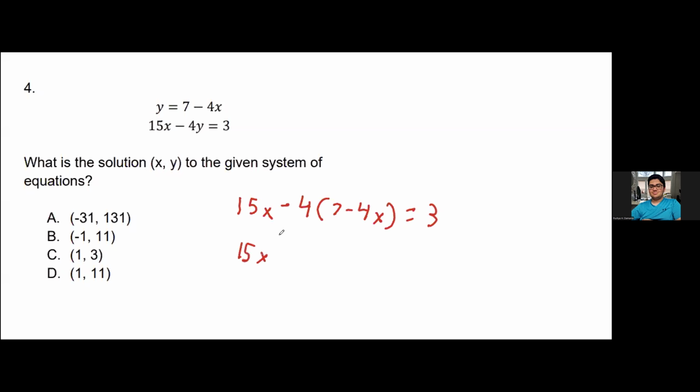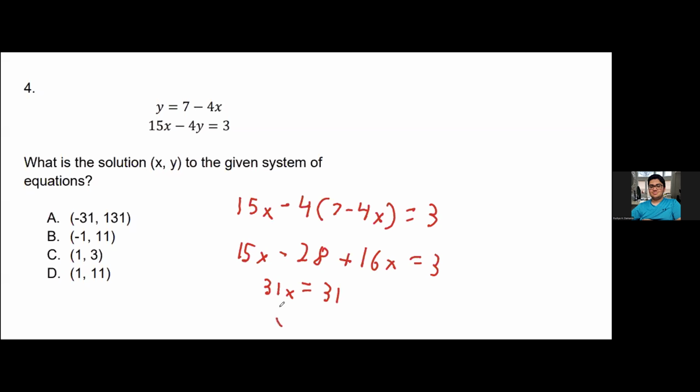So 15x minus 28. And then this minus sign distributes as well. So that's plus 16x equals 3. And then 15x plus 16x is equal to 31x minus 28. So plus 28 on both sides, which gets you 31x equals 31, because 28 plus 3 is 31.